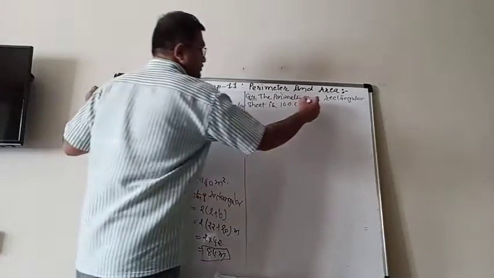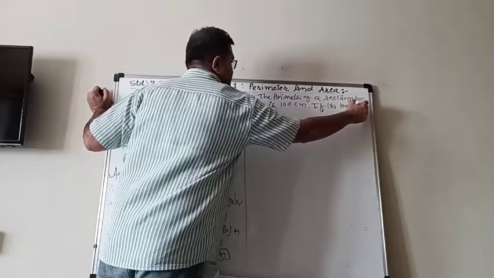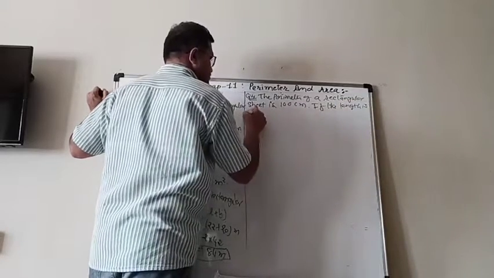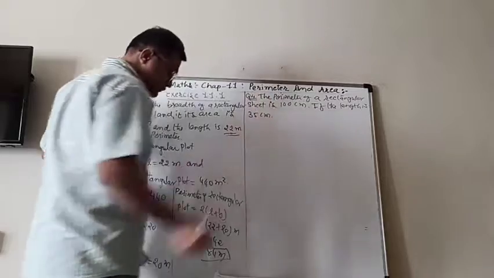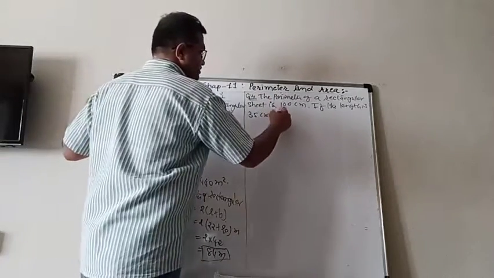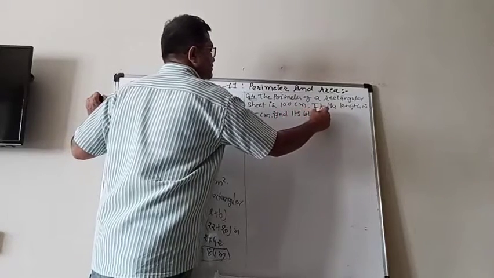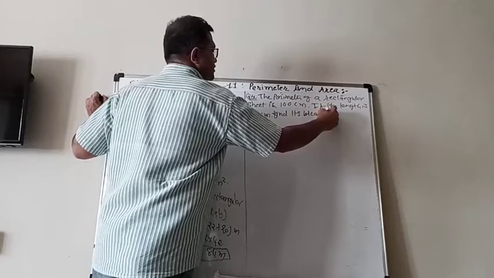The length is given. If the length is 35 centimeter, find its breadth and area.